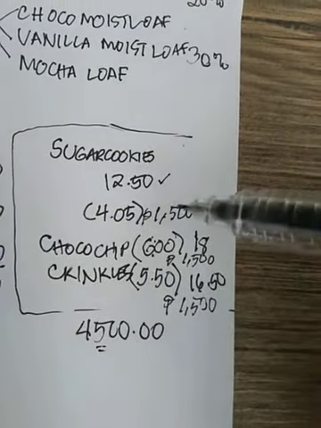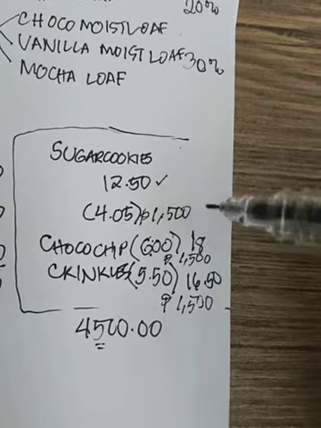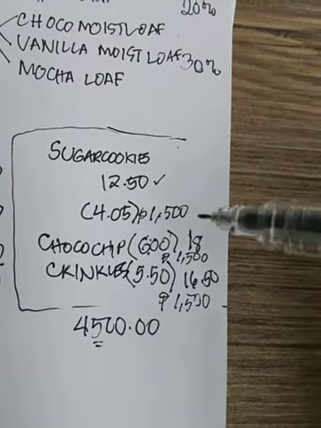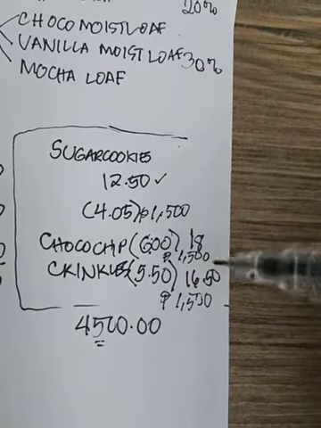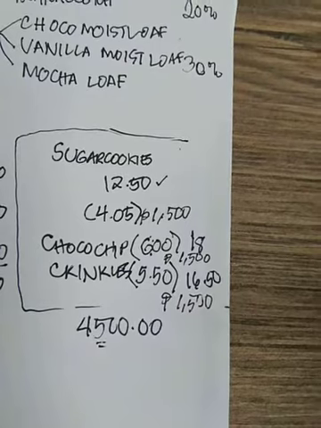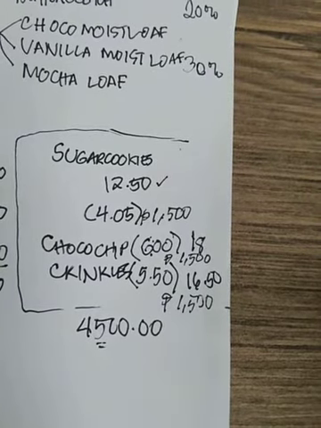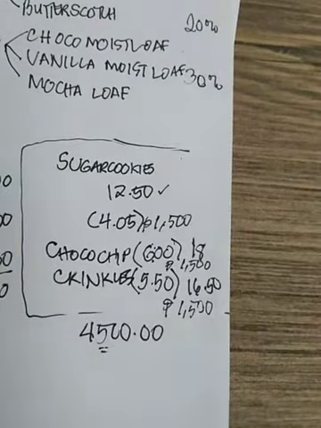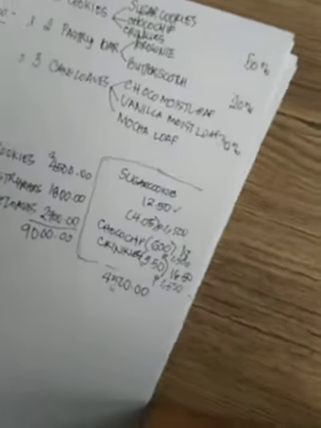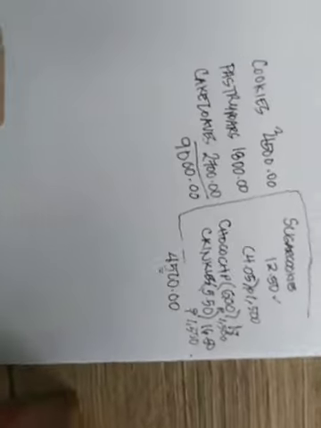Okay? So, let's divide that. Ilang sugar cookies should be produced, ilang choco chip cookies should be produced, and ilang crinkles ang kailangan ma-produce. Okay? So, I'll be putting this here para po ma-view nyo rin while I get my calculator.